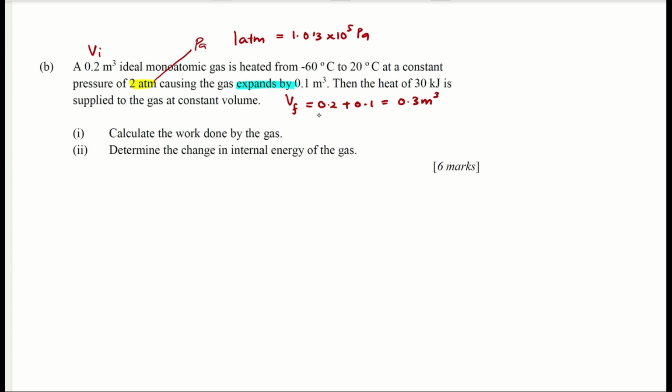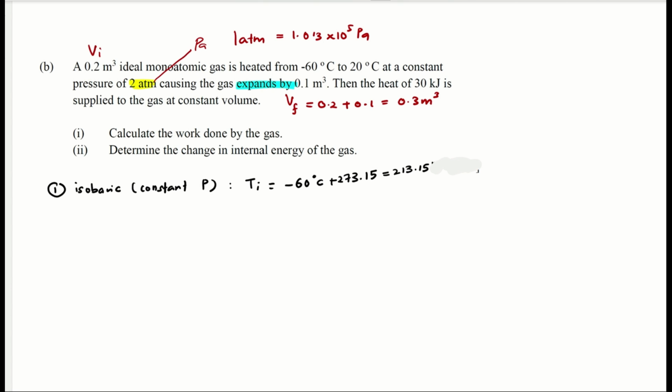Okay, so kalau kita tengok kita tuliskan dulu proses yang pertama adalah constant pressure, iaitu isobaric. And then what happened? Okay, T initial is equal to negative 60 degrees Celsius. So negative 60 degrees Celsius you can change to Kelvin, plus 273.15, and it is equal to 213.15 Kelvin.